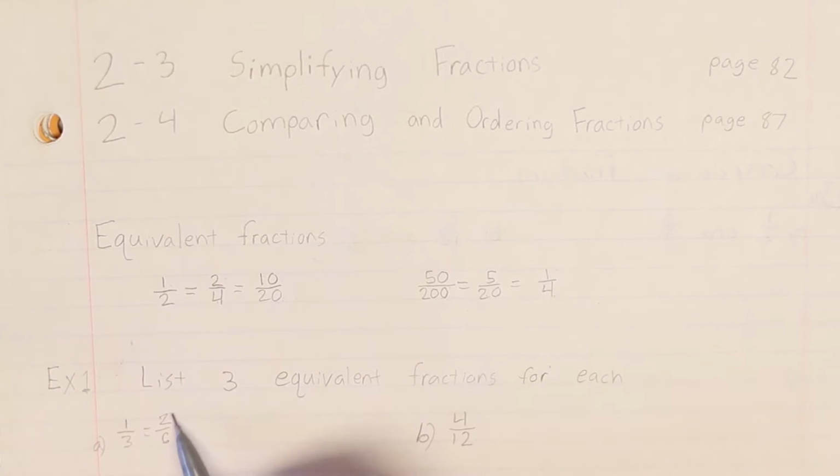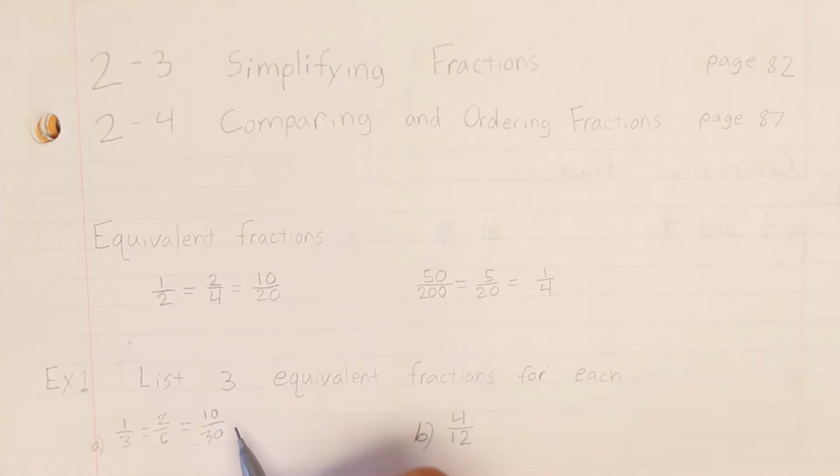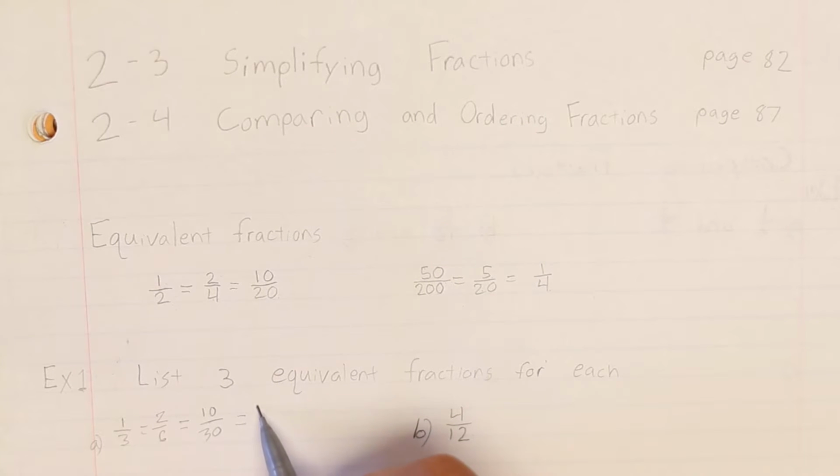That's equal to it, because I multiplied both the top and bottom by 2. I could multiply it by 10, which would get me 10 and 30. I picked 10 because it's real easy. All you have to do is add a 0 to the end of the numbers, so it works out well. You could also choose other numbers, like you could choose 100, multiply by 100, then just add 2 zeros.